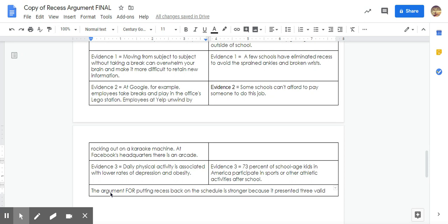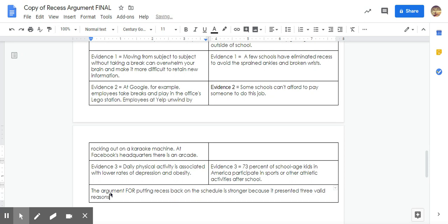So it presented 3 valid reasons and backed those reasons with, I don't want to say good evidence. What could I say? I'll say strong evidence.